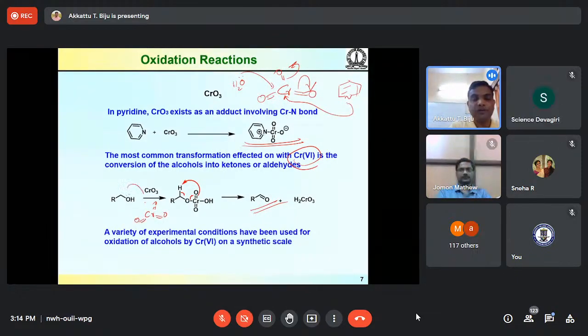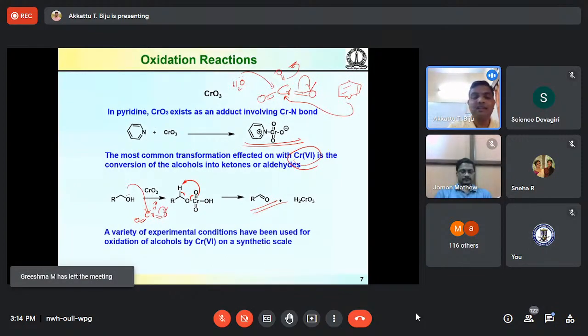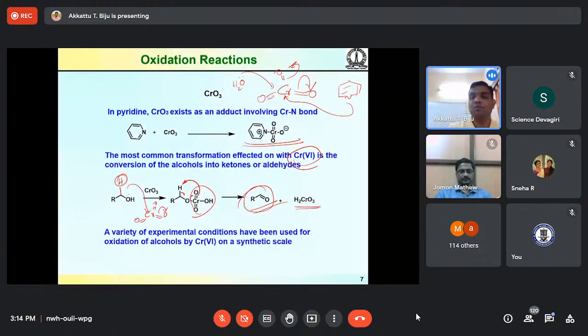The lone pair of electrons adds to one of the chromium oxygens, generating this intermediate. This O- will be subsequently protonated. And with the assistance of the proton attached to this OH group, this can eliminate a chromium residue to convert this into an aldehyde. And now the chromium has been reduced to a lower oxidation state from chromium 6. So that is how the reaction works.